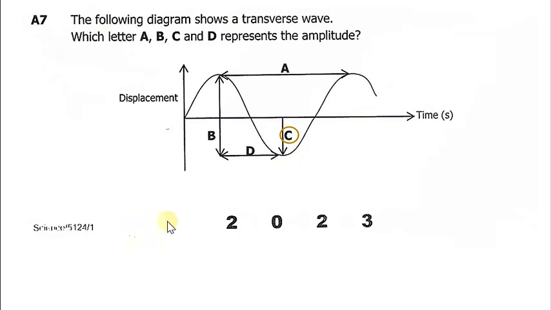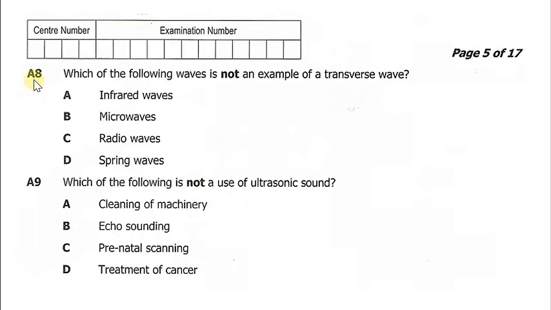All right, so we continue. This is A8, which says: which of the following waves is not an example of a transverse wave? You have A, infrared waves. Infrared waves are electromagnetic waves. Microwaves are electromagnetic waves. Radio waves are electromagnetic waves.